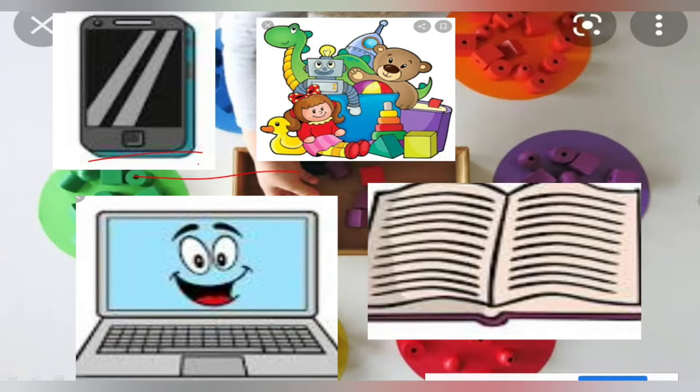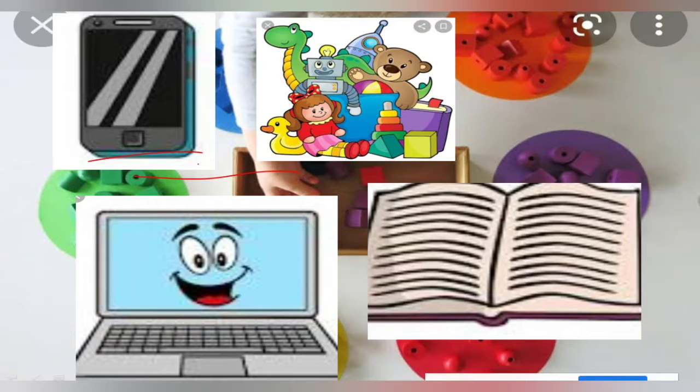It works on electricity. The same is true of a laptop. A laptop has many keys and a big screen too. And when I talk about toys, there are many varieties of toys too. Some work on electricity, and some are just for playing here and there without any plug, without any electricity.